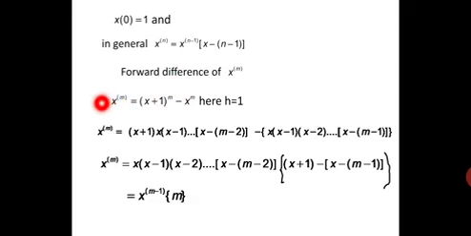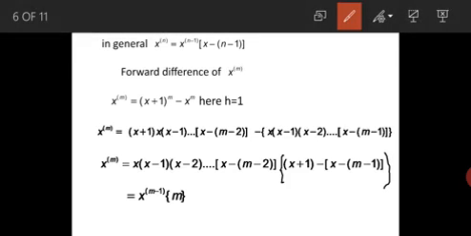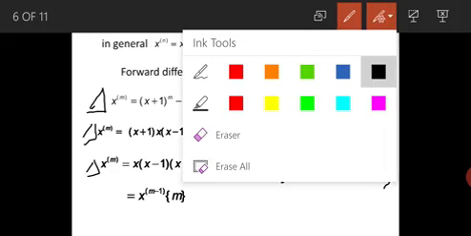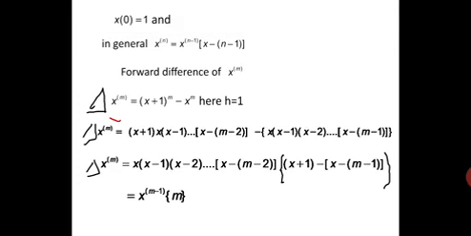The forward difference of x factorial m is equal to, we know, f of x plus h minus f of x.